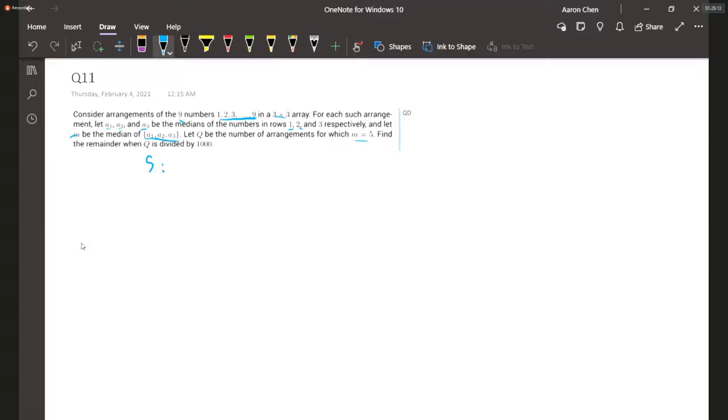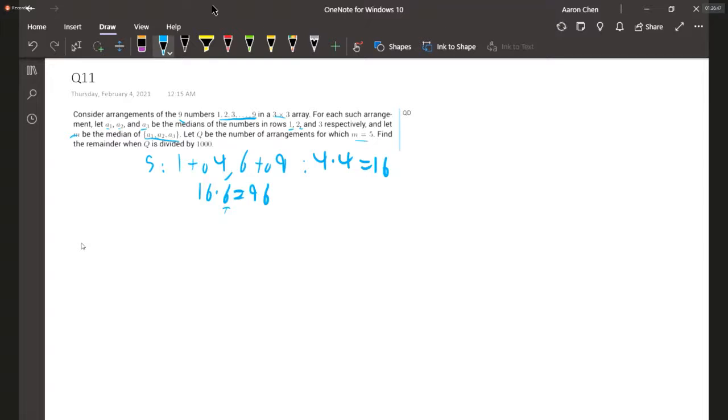This happens when, for the other two numbers in the row with 5, one of them is in the range from 1 through 4, and the other is from 6 through 9. This is a total of 4 times 4, which is 16 possibilities. And so the total number of ways that we can arrange this row is 16 times 6, which is 96, the number of ways to arrange the 3 distinct numbers.